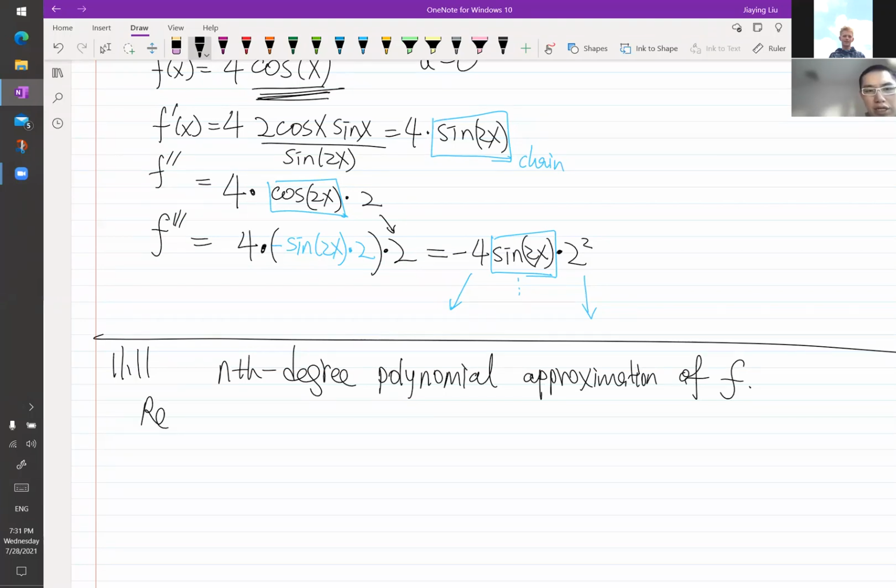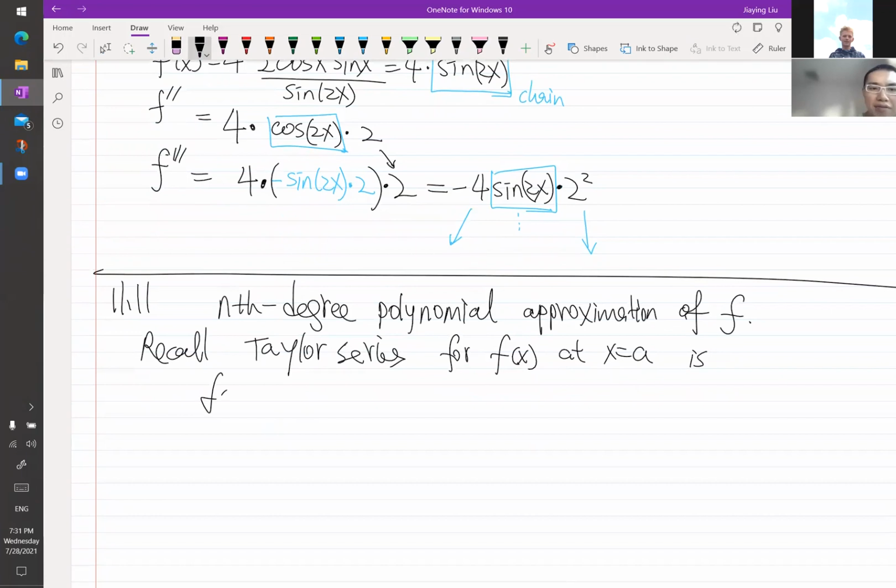So recall that we had the Taylor series expansion for f of x at x equals a: f of x equals sigma n from 0 to infinity of f to the nth derivative of a over n factorial times x minus a to the n.